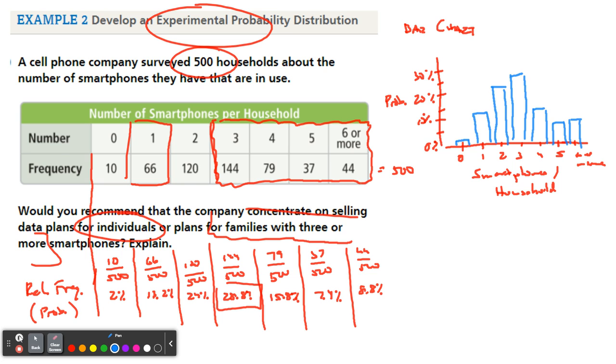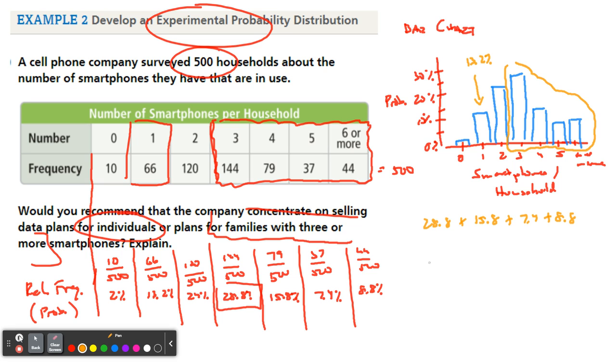Okay? So now the idea is we want to compare the individual, so this column, which was 13.2%, to the families with 3 or more. And if you look here, 3 or more are these 4 stacks. So we're actually going to combine those 4 probabilities. So 28.8 plus 15.8 plus 7.4 plus 8.8.